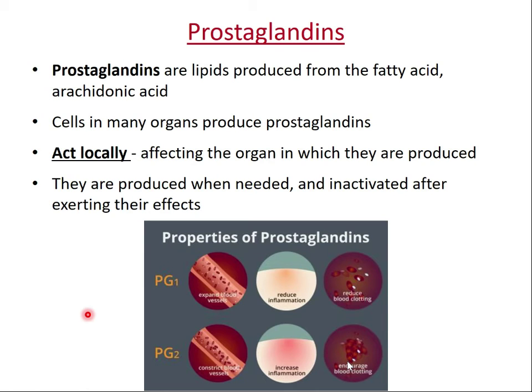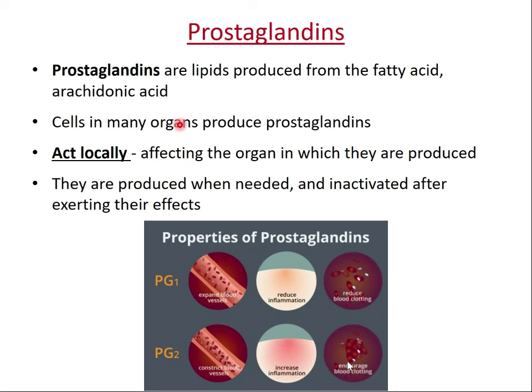We talked about how hormones are produced by endocrine glands, put into the bloodstream, and travel across the body to go to their target organ. We also have some hormones that act locally. These are called prostaglandins. Prostaglandins are lipids. They are produced from fatty acids and arachidonic acids.